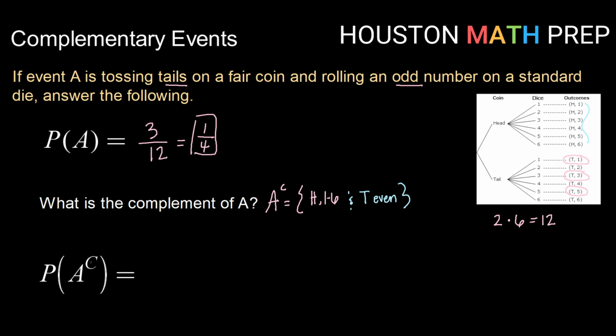And we can say that the probability of A complement is 1 minus the probability of A. We already found the probability of A in the first part of this example, so we can say that the probability of A complement happening is 1 minus 1/4, or 3/4.